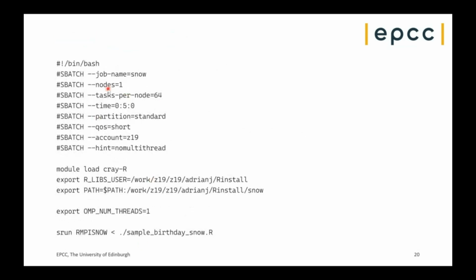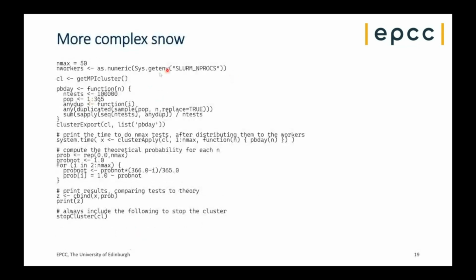Or in this example, I'm running a single node with 64 workers. It will call this functionality, know there are 64 workers, and distribute the work across those 64 workers. Although actually here I've said nmax equals 50, so it's only ever going to use 50 of those workers because I've specified that.